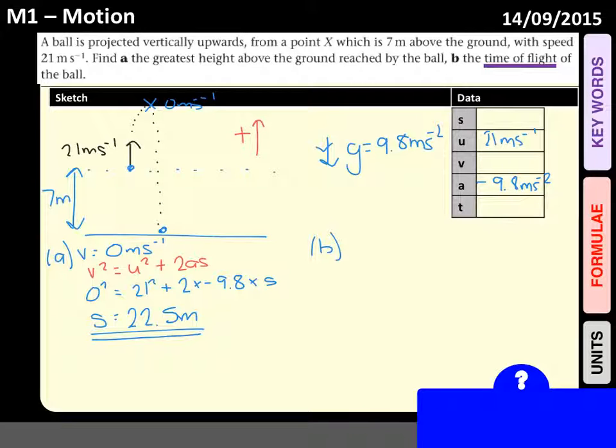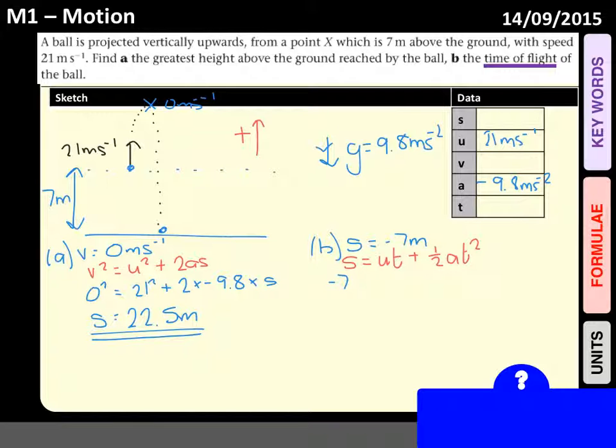So when we're looking at the displacement, not the distance, we want to be thinking what's the movement from where it started to where it finished, and that displacement is down, so therefore my displacement is going to be minus 7 meters. So I know s this time, I know u and I know a, and I'm asked to find t. So we're going to be using s equals ut plus a half at squared.